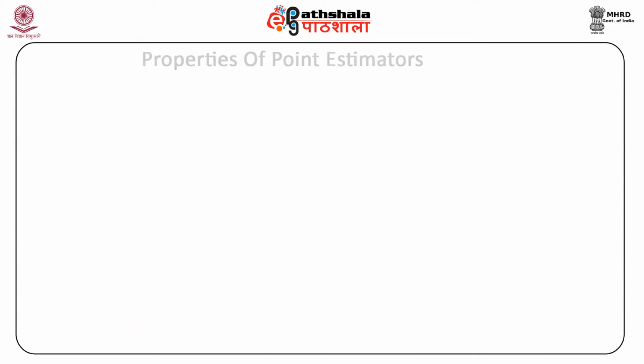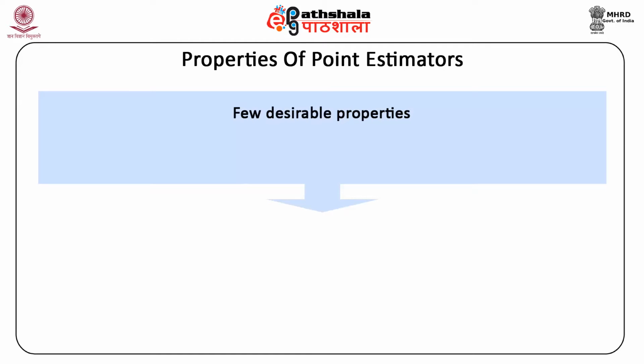The above question can be answered by using only those estimators which have a few desirable properties, which we shall now discuss. The most important property an estimator should possess is unbiasedness.